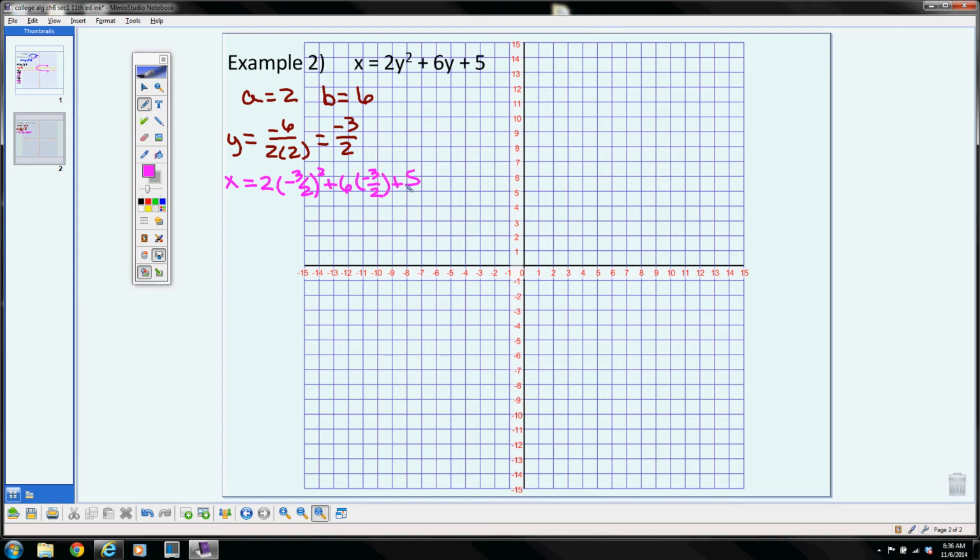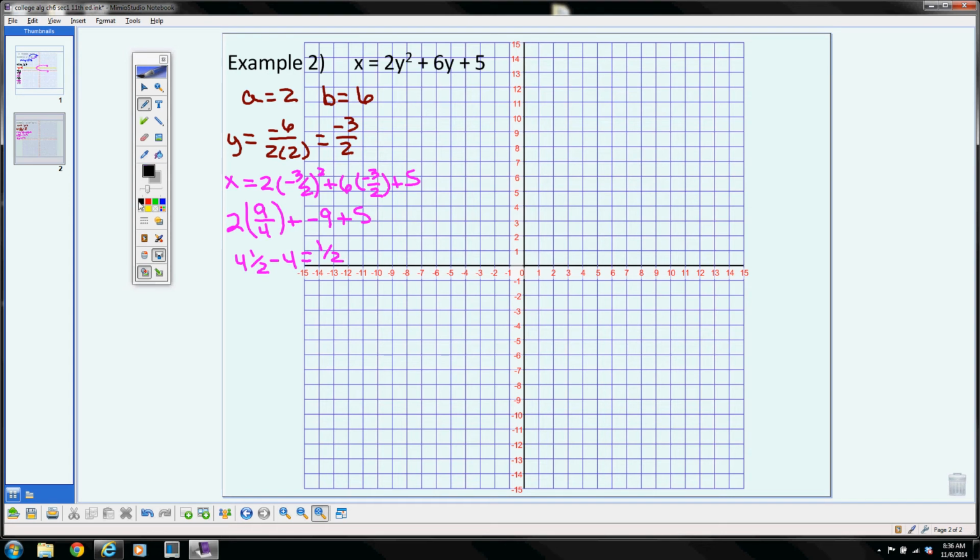So when we multiply that out, that's going to be 2 times 9/4, when you square that, plus a negative 9 plus 5. So that's going to give me 9 halves, which is 4.5, minus 4, which is a positive 1/2. Now I have the x value of my vertex.